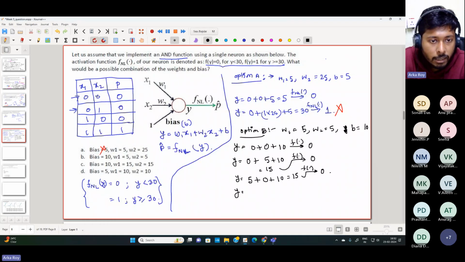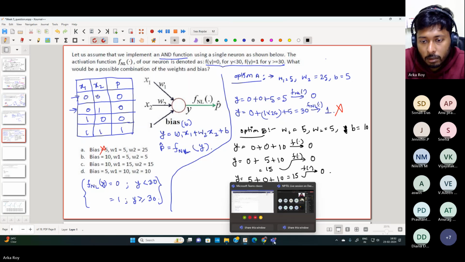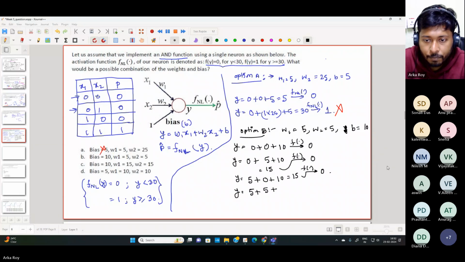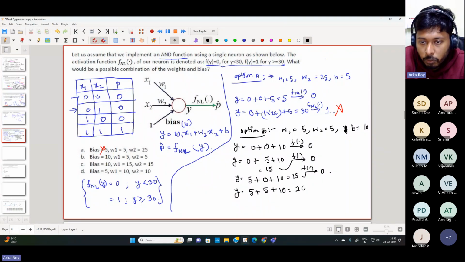Let us check the last condition, that is 1, 1. For 1, 1, you will get 5 plus 5 plus 10. So it is how much? 20.